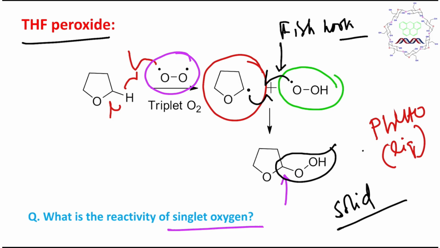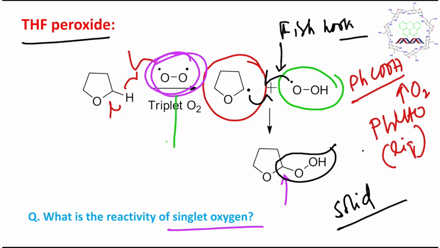Because in the presence of triplet or atmospheric oxygen, benzaldehyde is converted into benzoic acid, and benzoic acid is a solid compound and it collects as crystals there. That mechanism is similar to oxidation using triplet oxygen to produce the peroxide derivative, and ultimately it is an overall oxidation process.